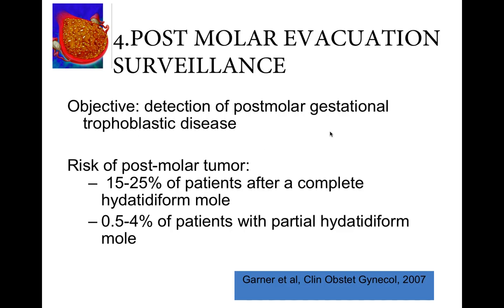The fourth principle of management is post-molar evacuation surveillance. This is with the objective of detecting post-molar gestational trophoblastic disease. For we know that the risk of post-molar tumor occurs in 15 to 25% of cases after a complete mole and 0.5 to 4% of cases after a partial hydatidiform mole.